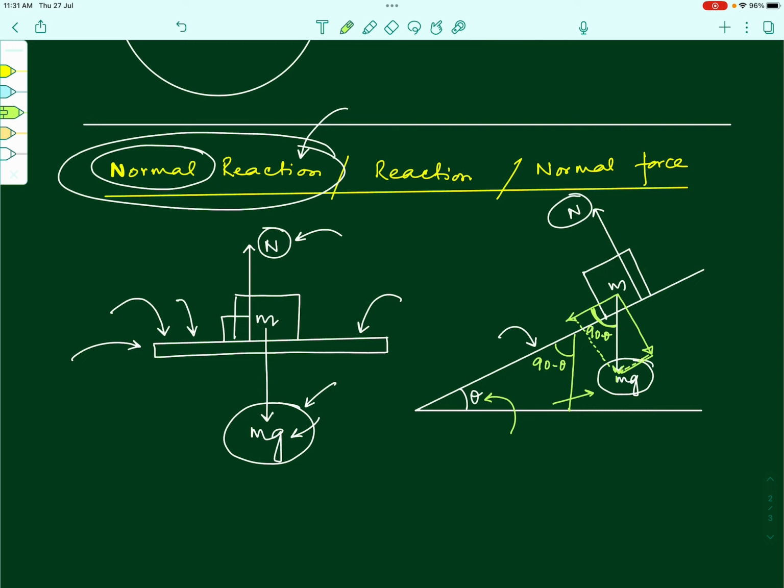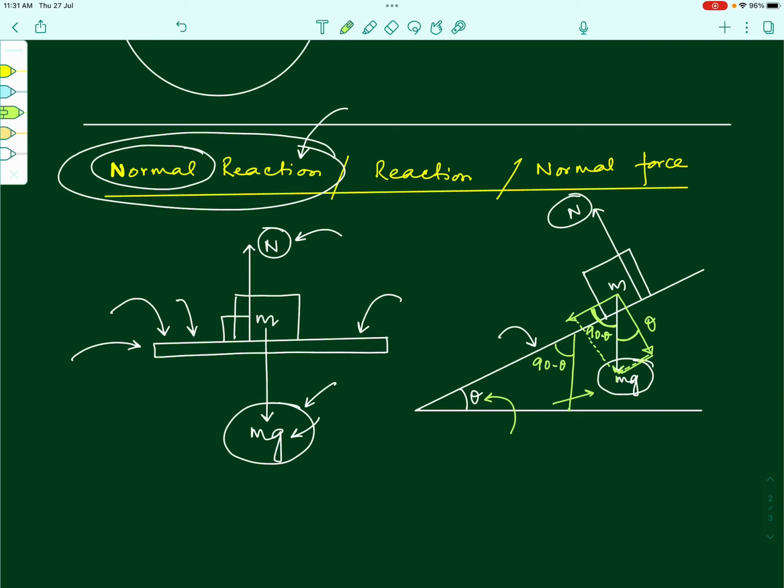Then we can see that this angle comes out to be theta once again. Why? Because this direction and this direction are perpendicular to each other, so the total angle they make should be 90. So if this angle is 90 minus theta, this has to be theta. It is from here that we understand that the angle the force mg makes with the direction perpendicular to the incline is theta.